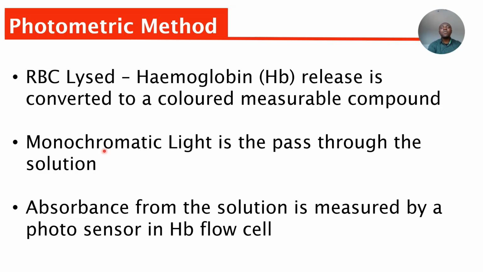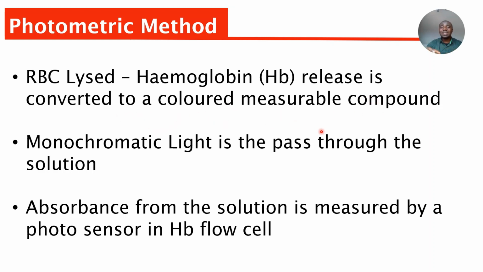Now, how does this photometric method work? It works by what I've already said. When the sample is aspirated by the analyzer, the red blood cell will be lysed. The lysing of these red blood cells would then release the hemoglobin, and that hemoglobin that is released would then be converted to a color measurable compound.